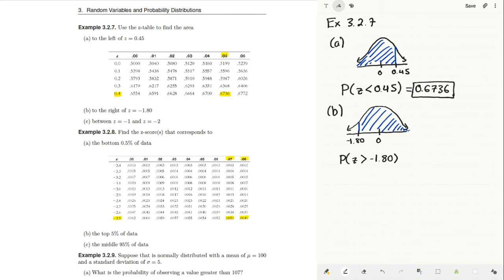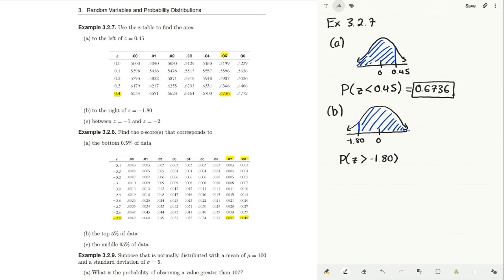Recall that the total area under a density curve must be equal to 1. Because we want to find the area to the right of negative 1.80, and the z-table provides us the area to the left of the z-score, we can use the complement rule in order to find the area to the right.